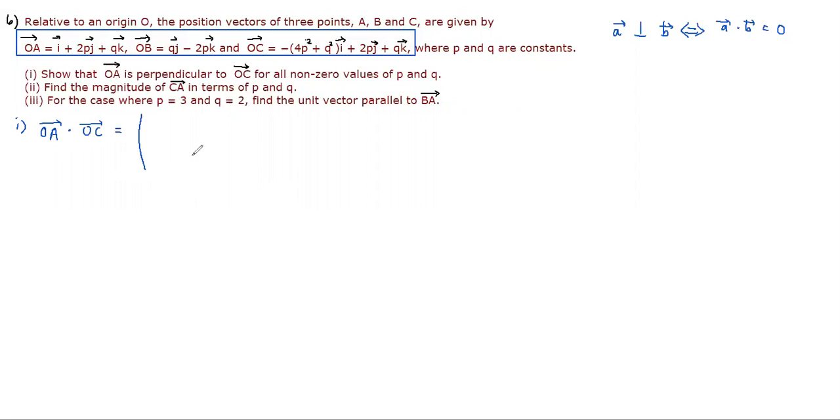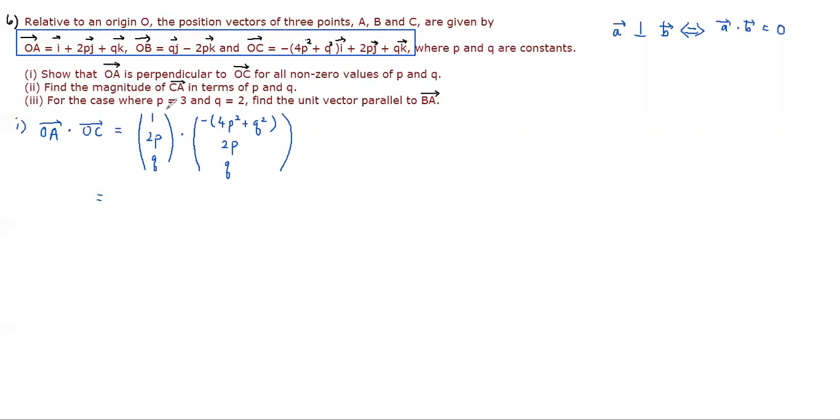Vector OA has components 1, 2p, and q. And vector OC has components negative 4p squared plus q squared, 2p, and q.